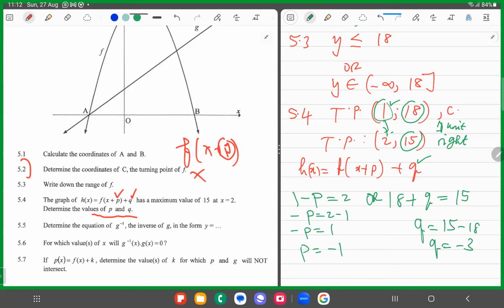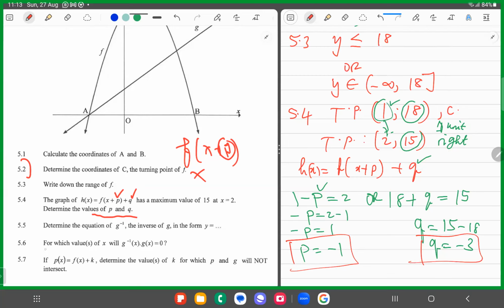So how do you do 1 unit to the right? You subtract. So that is why the p is exactly like that. So the p is minus 1. Correct. So there are 2 answers there. Just note these transformations. You need to make sure you understand them.